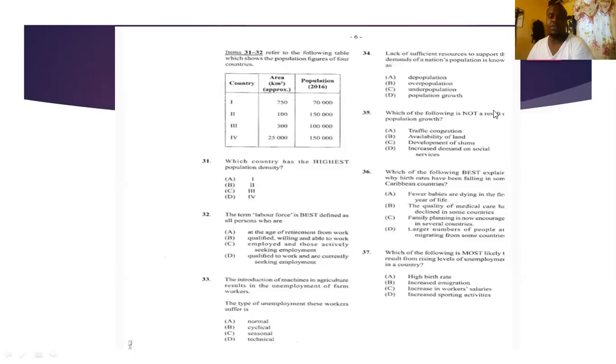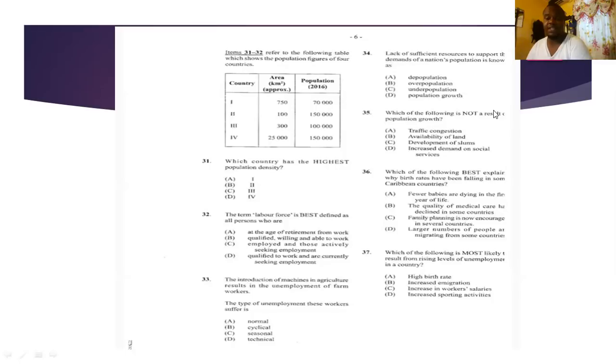Number 37, which of the following is most likely the result from rising levels of unemployment in a country? What is most likely to happen from rising levels of unemployment? Is it A, high birth rate, B, increased emigration, C, increase in workers' salaries, D, increased sporting activities, right?